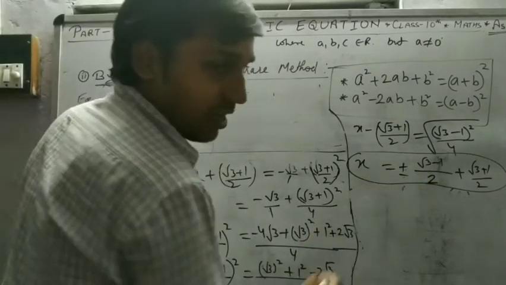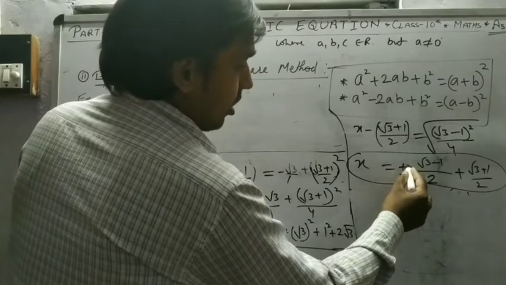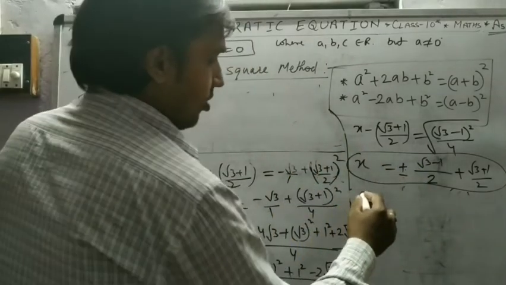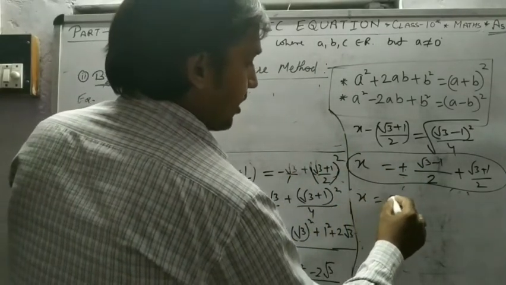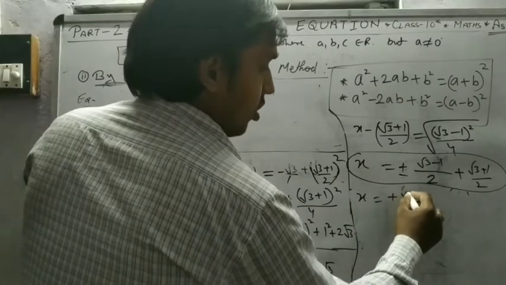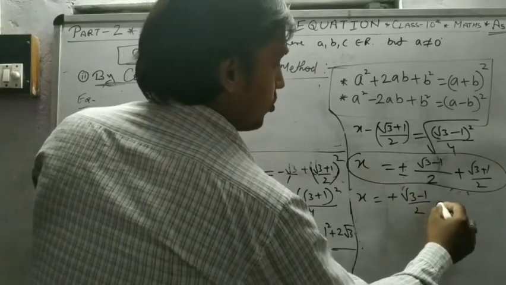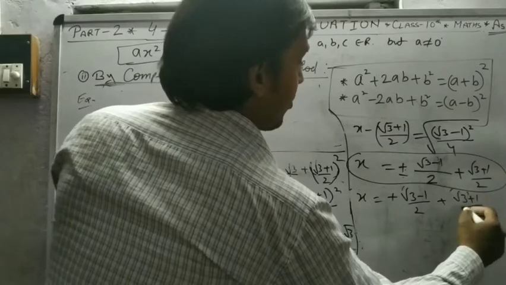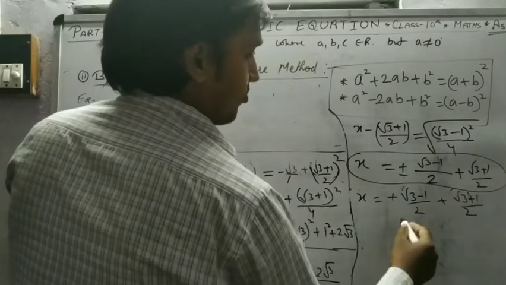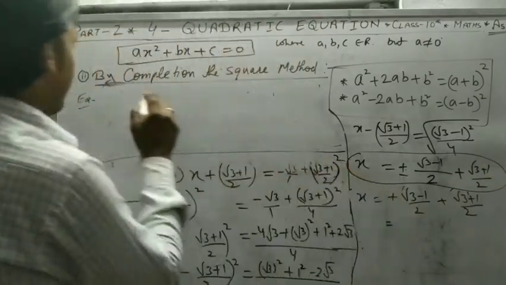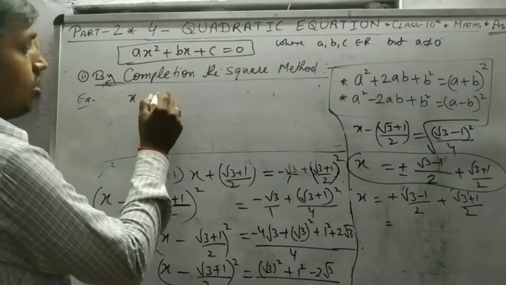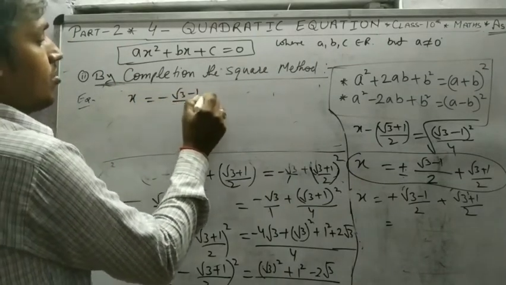So we take the plus sign and the minus sign. Firstly we take the positive sign: plus root 3 minus 1 upon 2 plus root 3 plus 1 upon 2. The second term is the same; one we take with the plus sign and the second we solve with the minus sign.